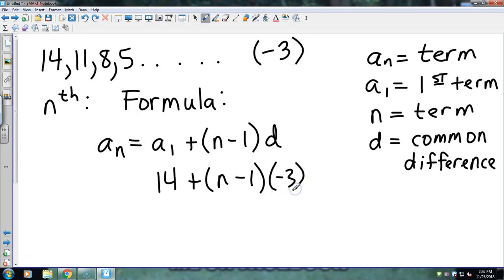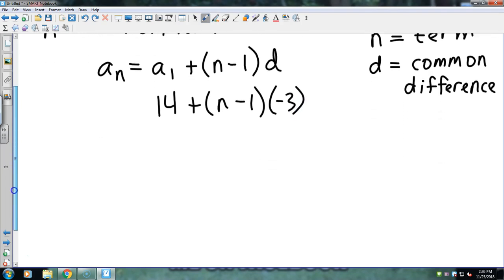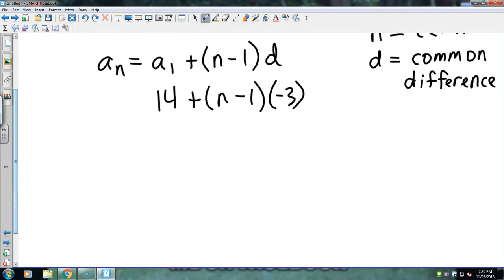Now let's just use algebra skills here. I can't do anything with this 14 yet. I can distribute this. I'm going to have negative 3 times n, so that's negative 3n. And then negative 3 times negative 1 is positive 3.